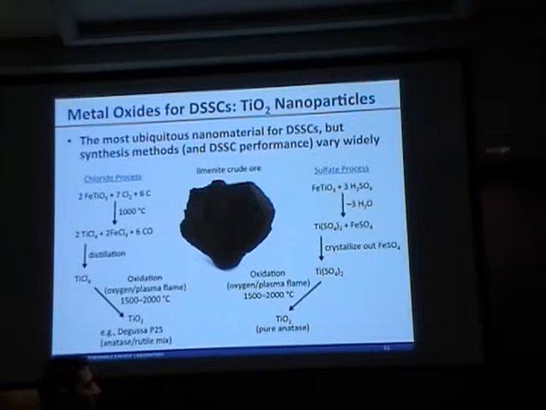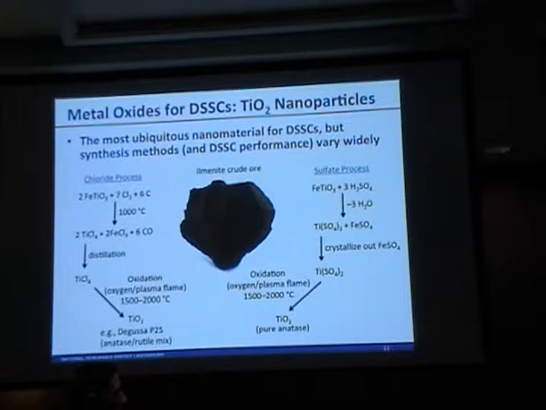There's another process called the sulfate process, which is very similar, except you digest your ilmenite crude ore in concentrated sulfuric acid, another very standard reaction that all of us chemists love to do. Make your titanium sulfate, and then here you can actually crystallize out your iron, and then you oxidize your titanium sulfate to make your TiO2.